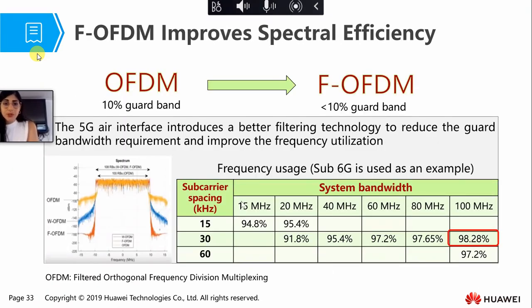So I'm going to describe the sub-carrier spacing in 5G network. I'm going to use again the whiteboard. We said that in 4G, our sub-carrier spacing is 15 kilohertz.